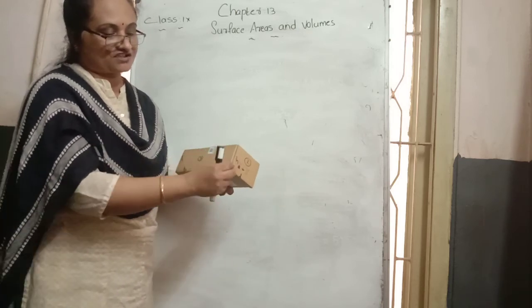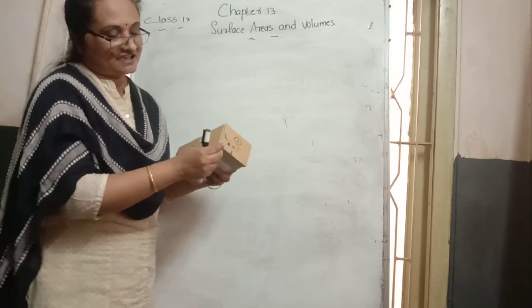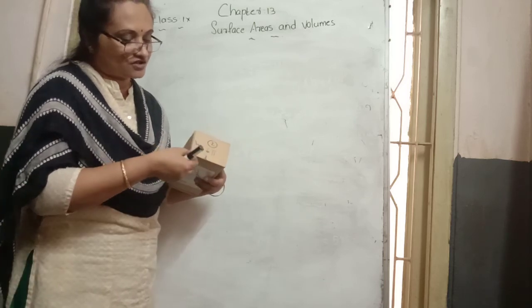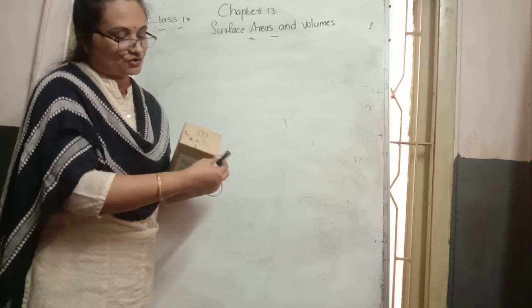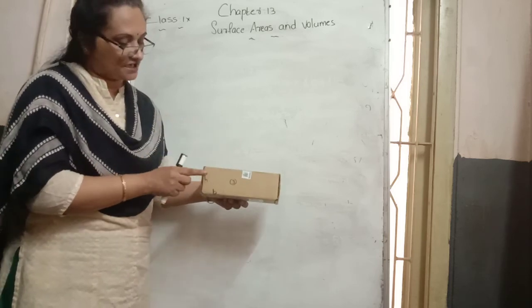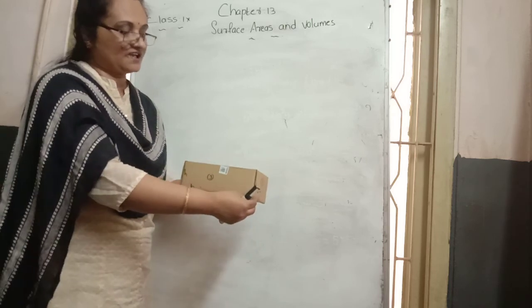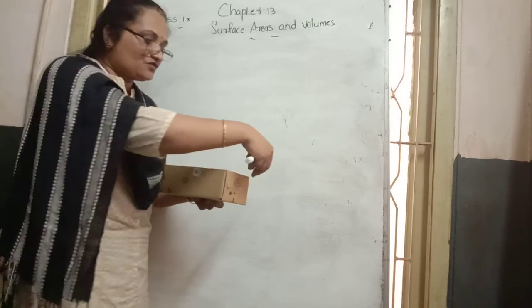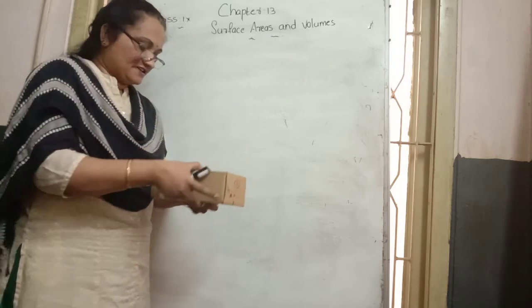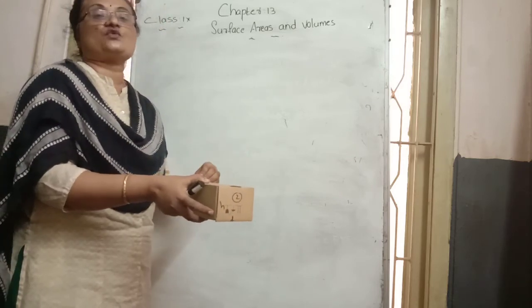Then here also 1, 2, 3, they are intersecting here. Then there also 1, 2, 3. So such type: 1, 2, 3, 4, 5, 6, 7, 8 vertices are there.